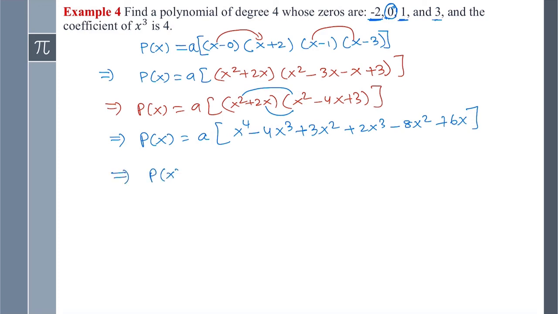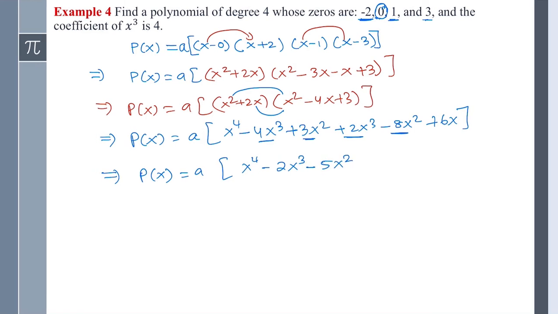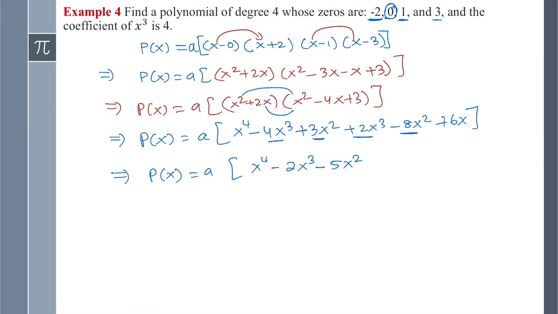Now let's combine the like terms. We have x to the fourth, and then negative 4x cubed and positive 2x cubed, which gives us minus 2x cubed. Then we have 3x squared and minus 8x squared, which gives us minus 5x squared. And then we have 6x, just 6x, there's no other x term.